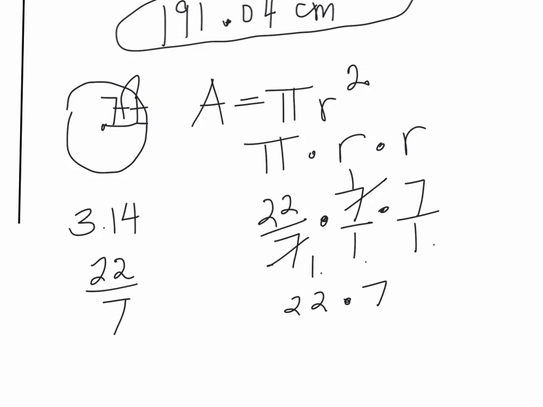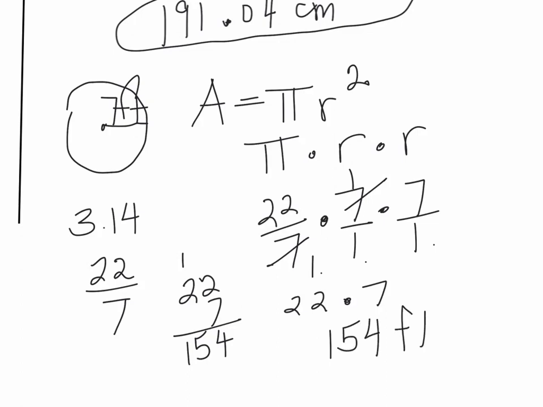So you don't have to multiply 1 times 1 times 1 and put a 1 on the bottom, because then you just have to take it back off. 22 times 7, 154. 154 feet squared would be the area of the circle with a radius of 7.